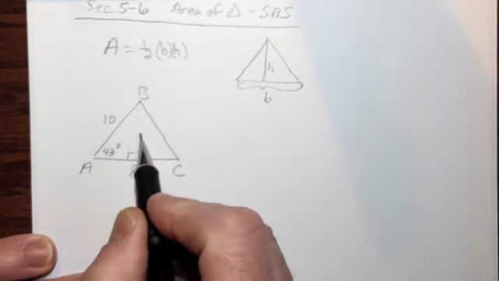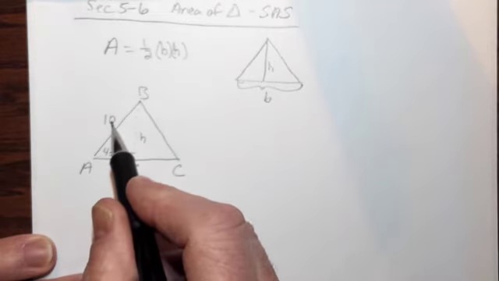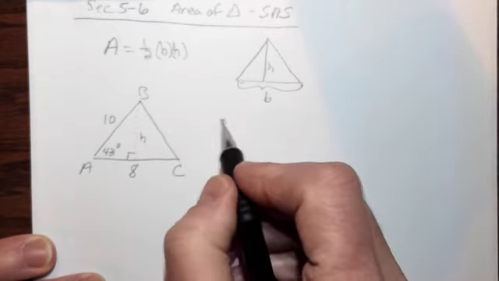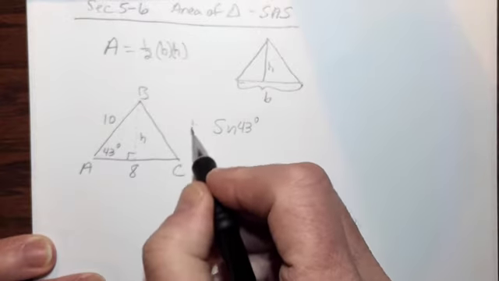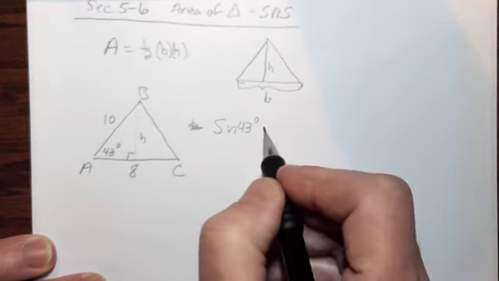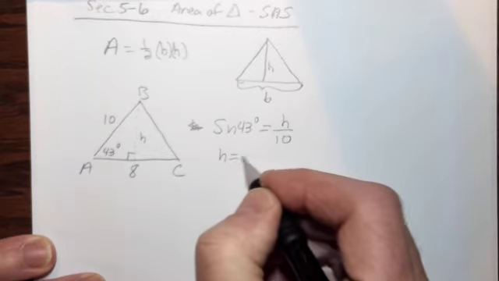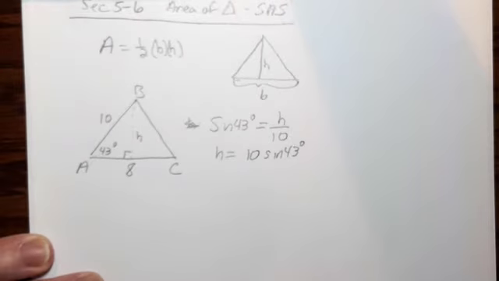What we could do to find this h is use SOHCAHTOA. We know the hypotenuse, and we're trying to find the opposite side. So I could say the sine of 43 degrees is equal to h over 10, or h equals 10 times the sine of 43 degrees.